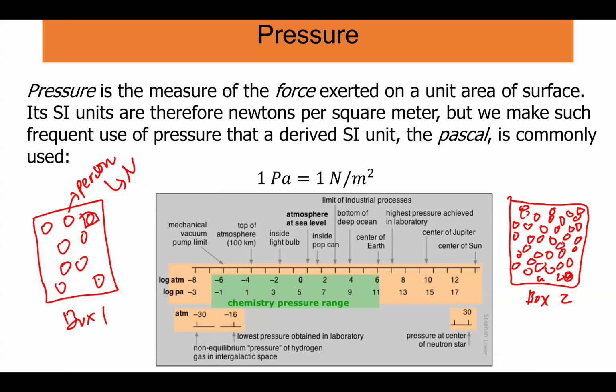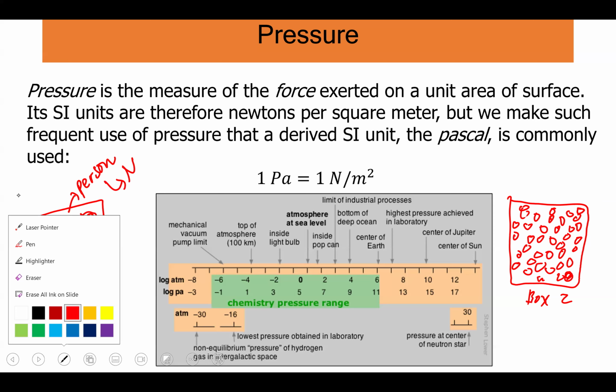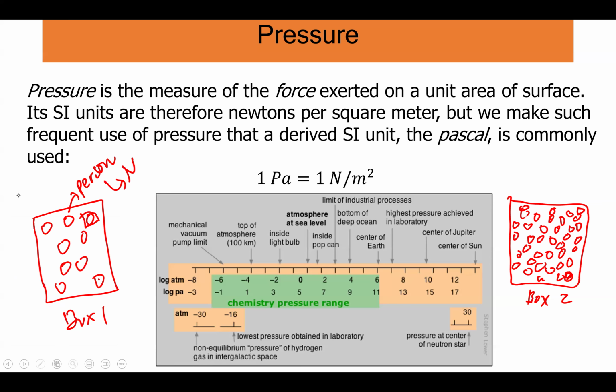That's why pressure is 1 Newton per meter square, which is equivalent to a Pascal. Usually we represent it in Pascal units. Understood? So this is the region where we will study the pressure range in chemistry.